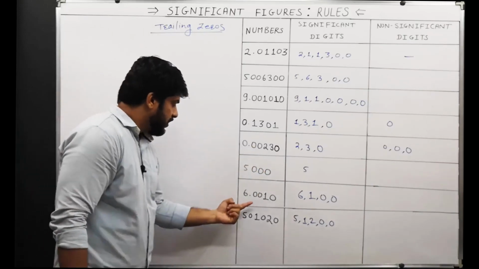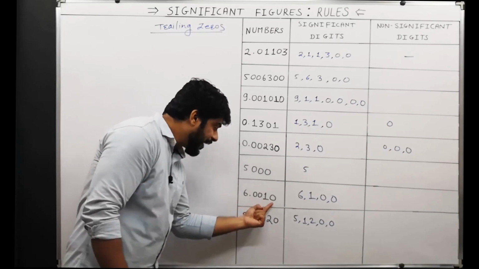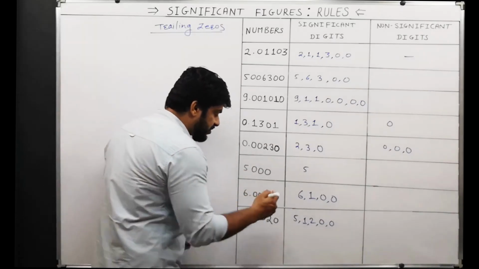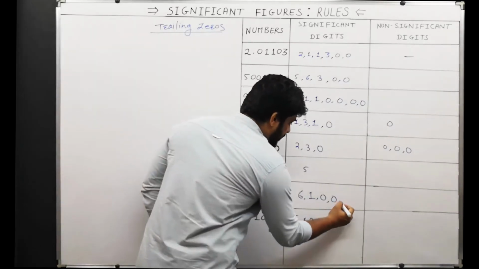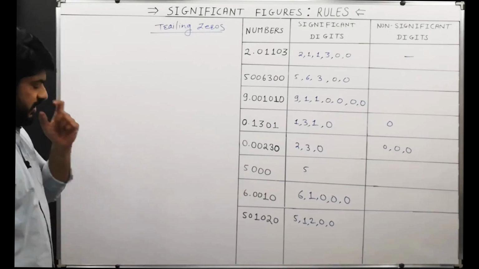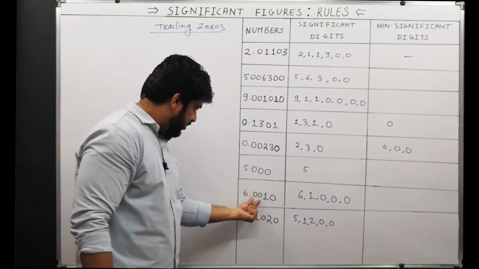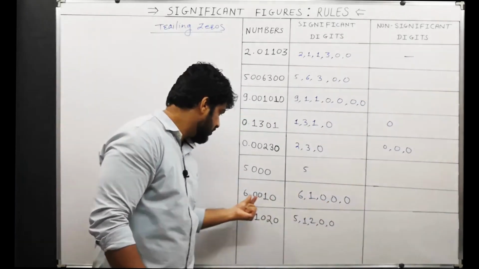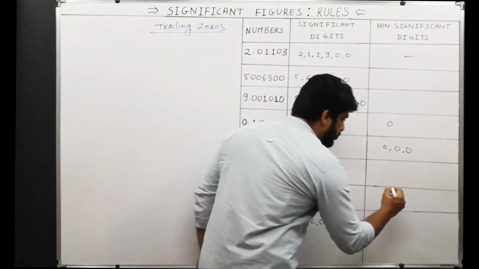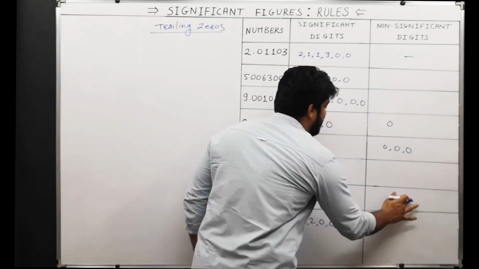Over here, we have a decimal as well as a trailing zero, right? So that means this is a significant one. Okay, so in this way we can see there are 3 zeros which are significant. 6-1 is significant. So we have noted down all the digits. So there is no non-significant digit.